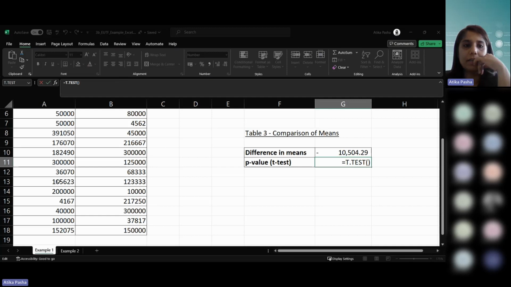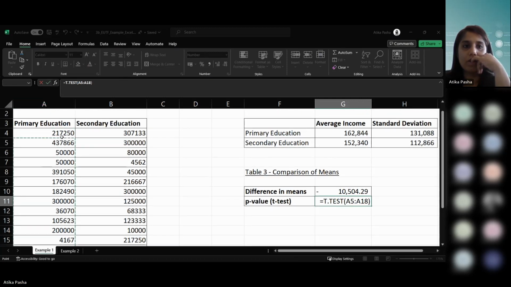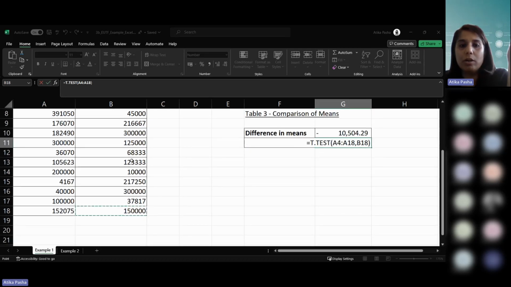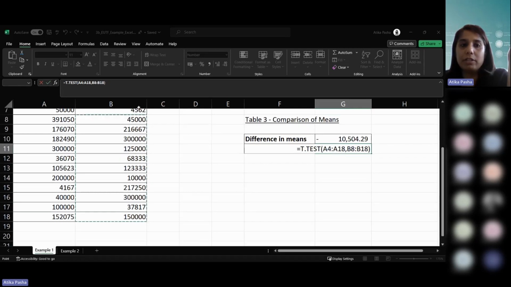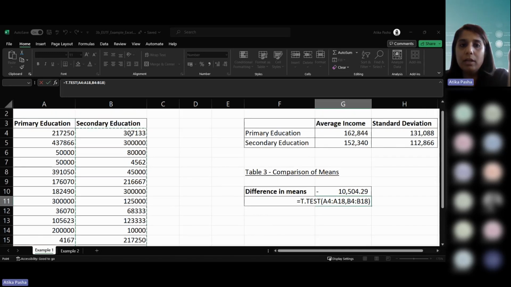Your first array is these values. Your second array is now the second set of individuals in your sample, which is your individuals who have a secondary school education. Here, again, you enter the second set of individuals. If you remember, you need this information just so that Stata knows and is able to calculate the average income and the standard deviation for both of them.